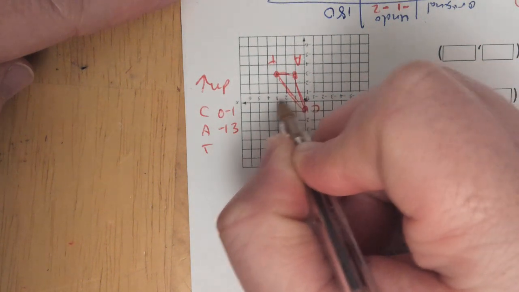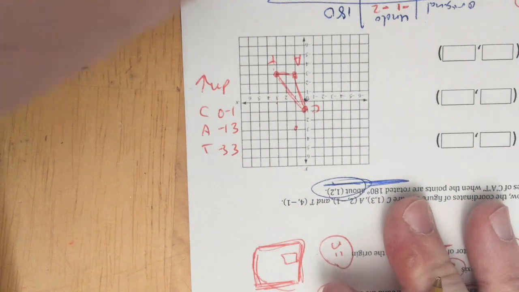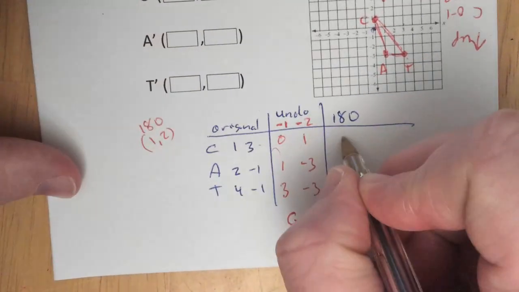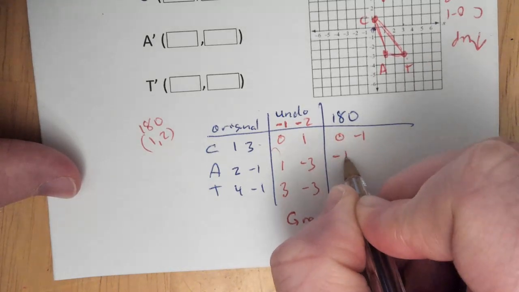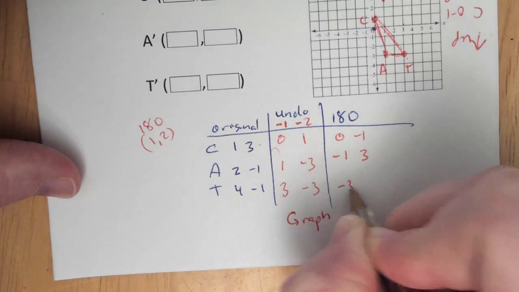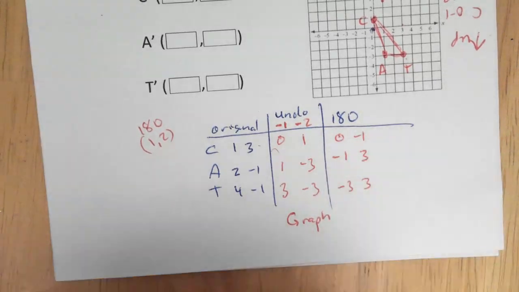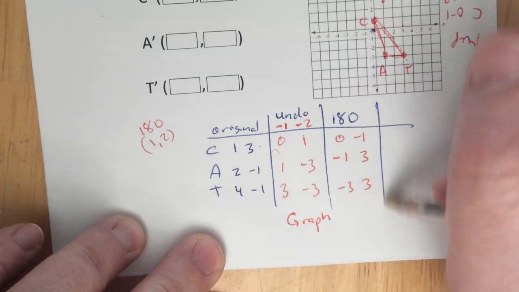And T is at -3, +3. All right, and we're going to take those coordinates and write them in here. So we were at 0, -1, -1, +3, and -3, +3. Fabulous.